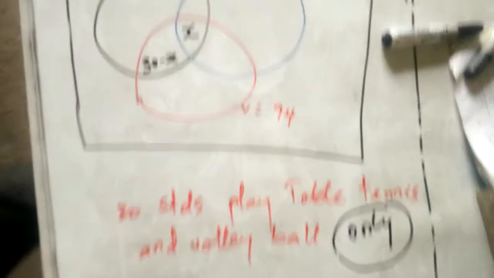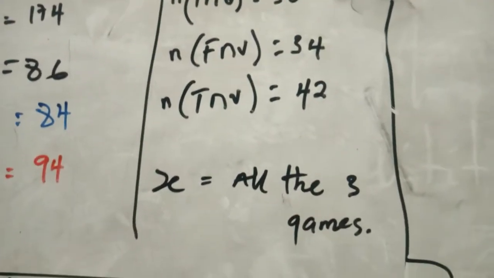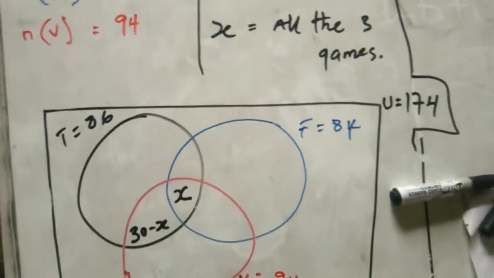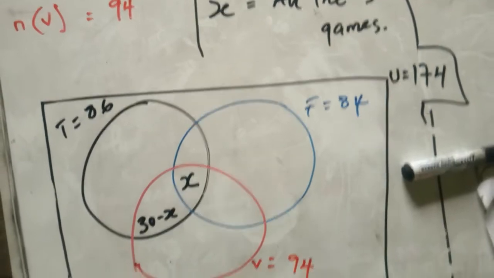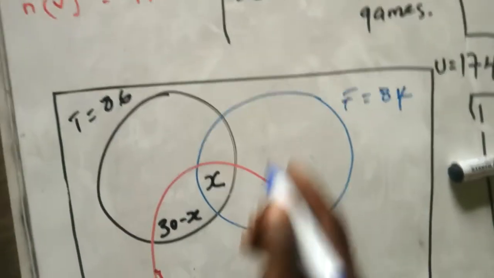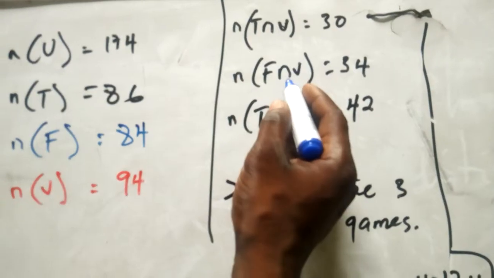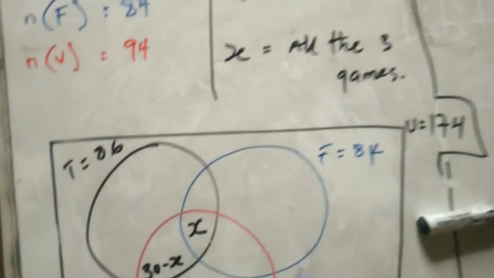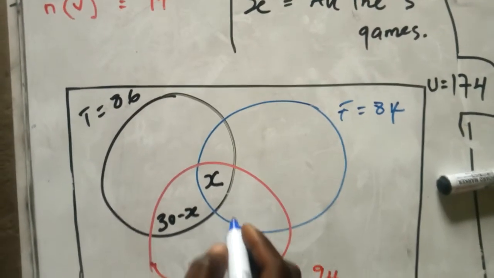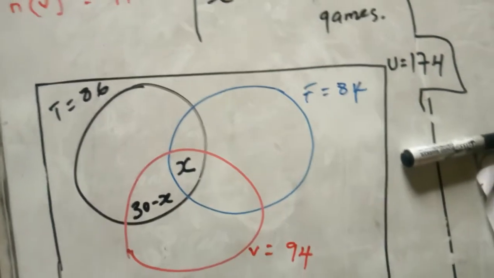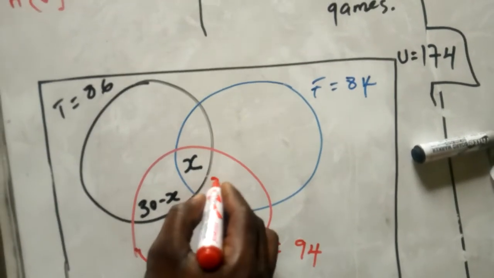Is that okay? Alright. Then I hope for the rest of the 2 you can easily fill in that. Right? So without wasting time, let's subtract that. So here will be what? So I'm having football and volleyball. So football and volleyball here, right? So this portion should be 30.